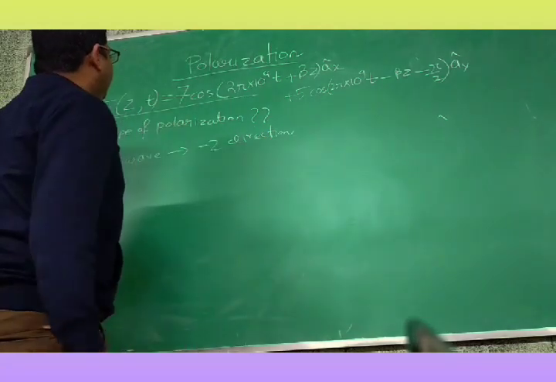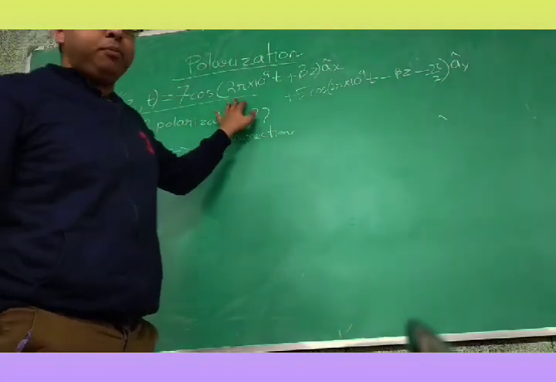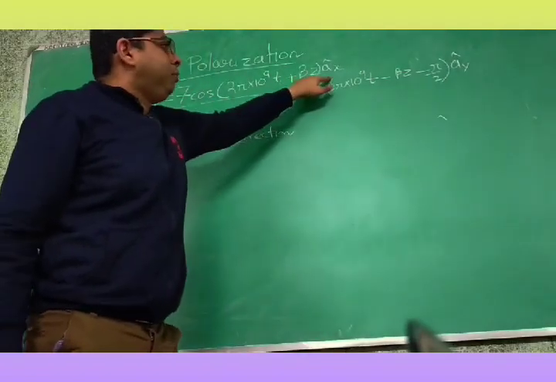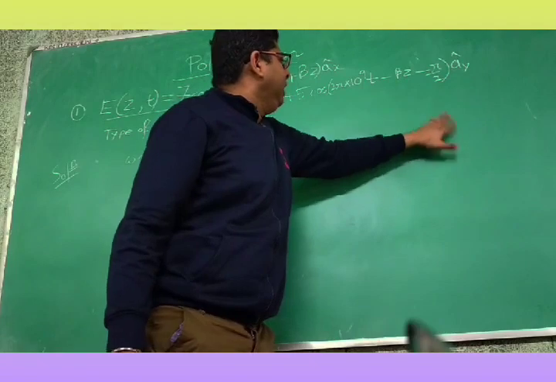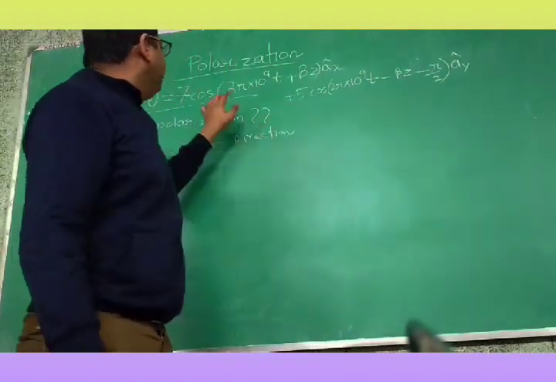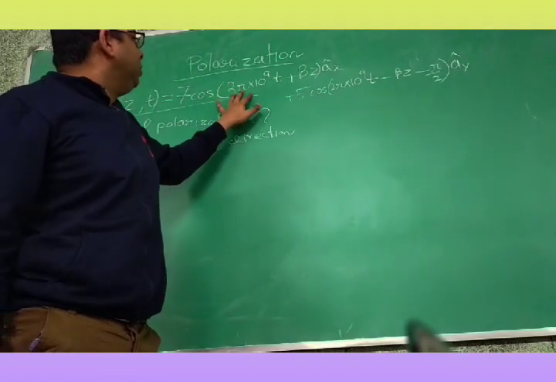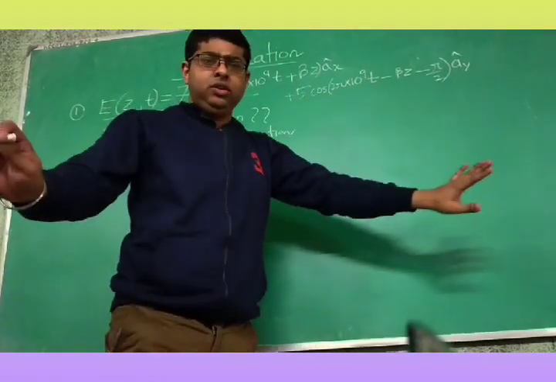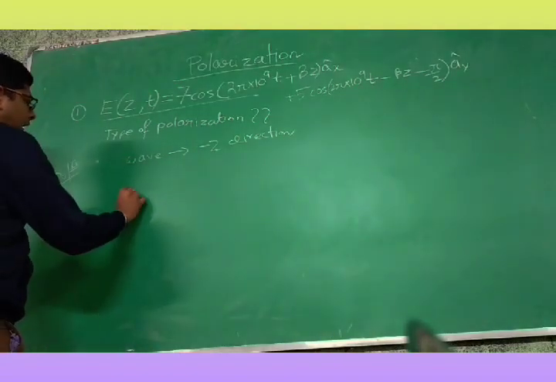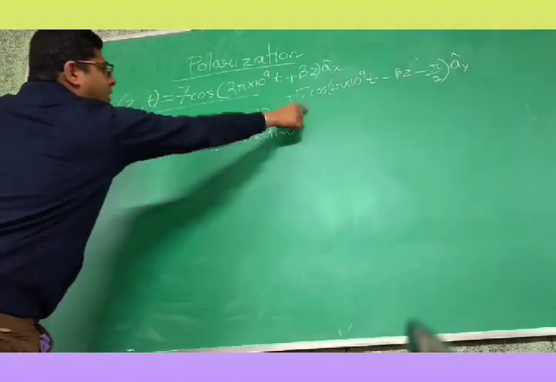Now you need to see what the components in this field expression are. There is an x component and a y component. To predict the type of polarization, you need not see what omega is, what beta is. You need not worry about it. Let us write the x component and the y component.